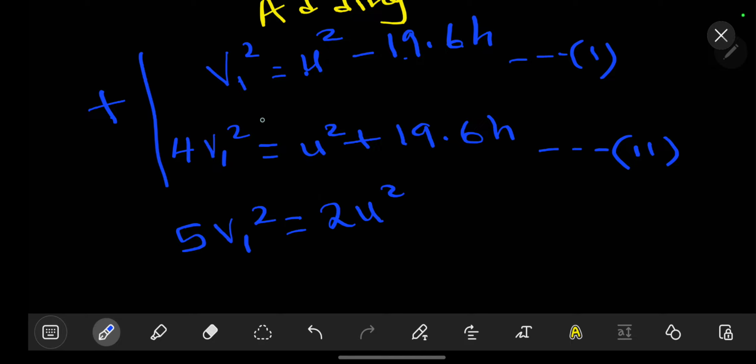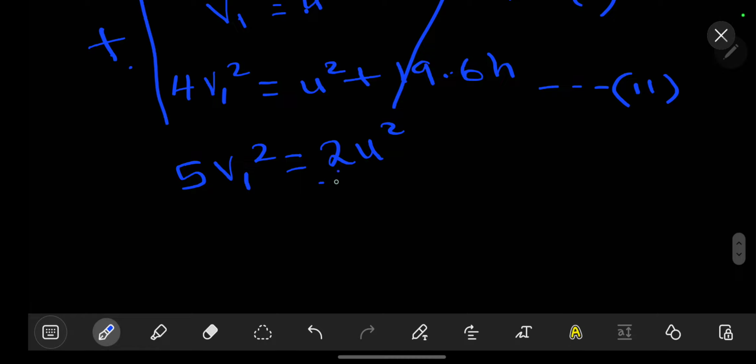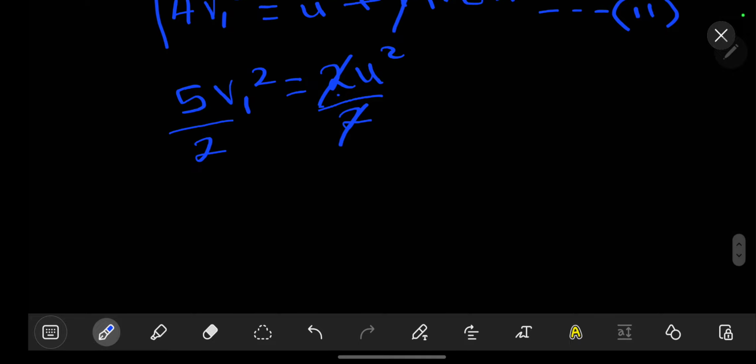Negative 19.6 plus 19.6 will just cancel out because that will be a 0. So we are going to divide by 2 on both sides. What we have ended up with is 5 over 2 v1 squared should be equal to u squared.